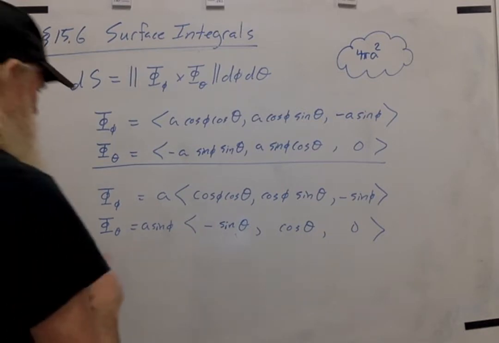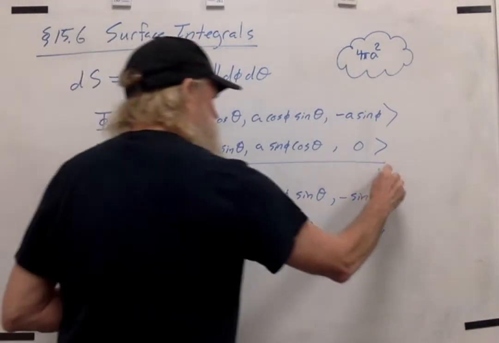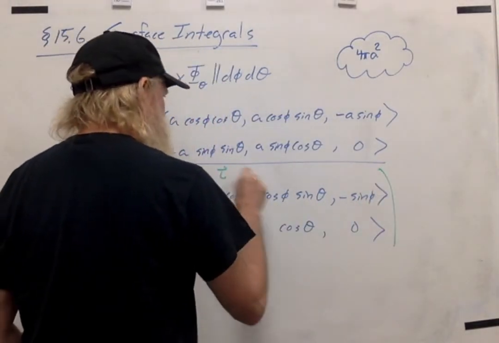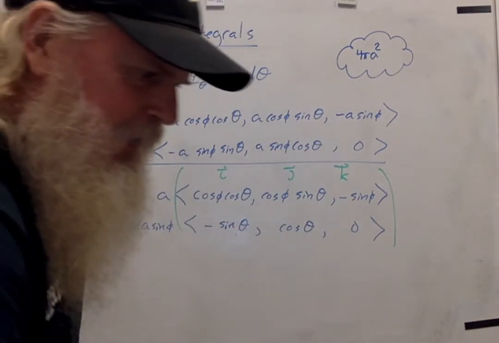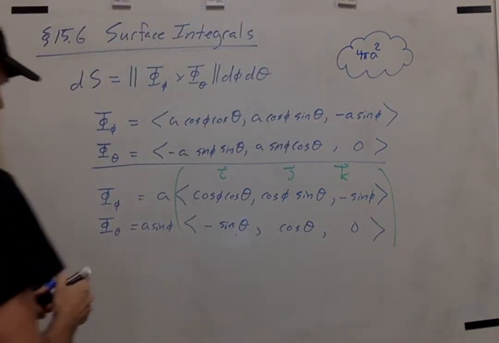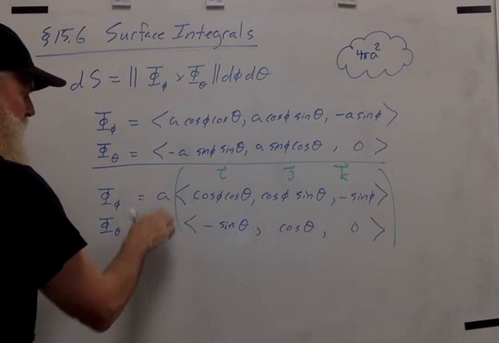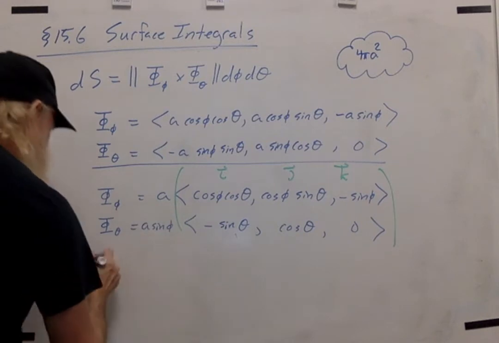And now let's take the cross product of these vectors. Now remember, when you cross the scalar multiples of two vectors, you need to multiply the scalar multiples and then cross the vectors.